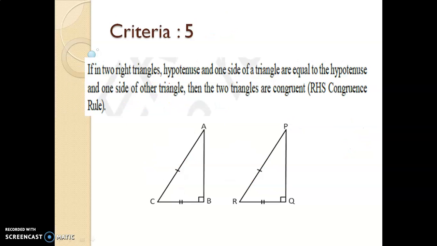And the fifth one, if in two right triangles, so here the fifth criteria is under right angle triangle. In a right triangle, if the hypotenuse and one side of the triangle are equal, then the triangles are said to be congruent to each other. This is called RHS.